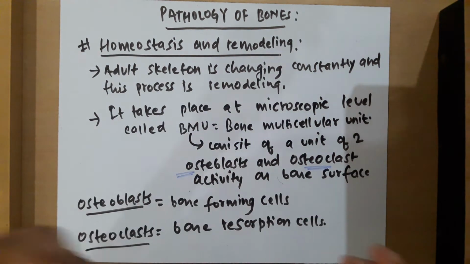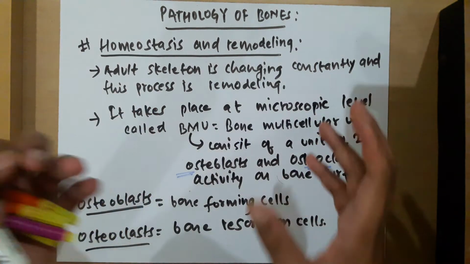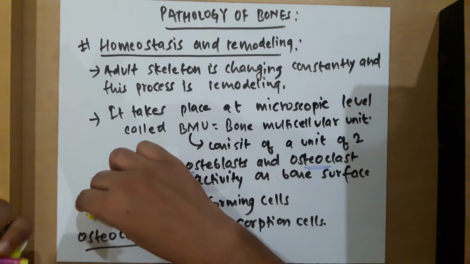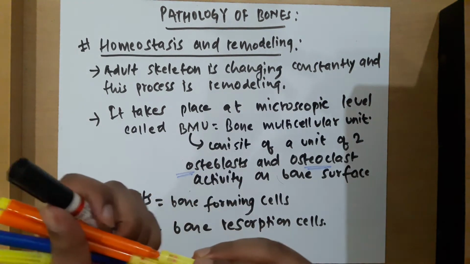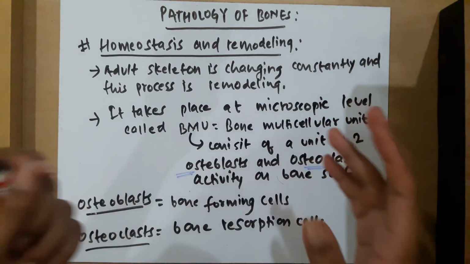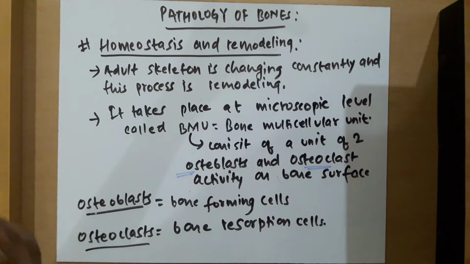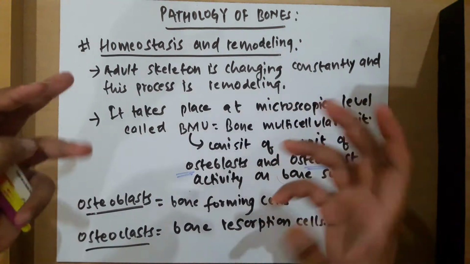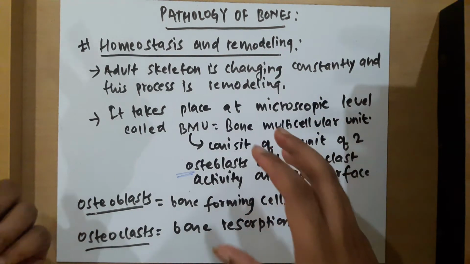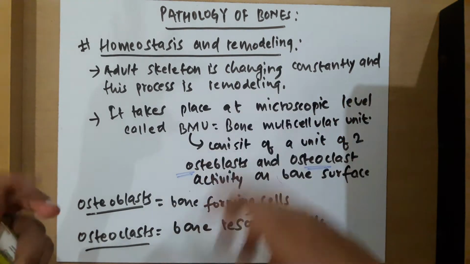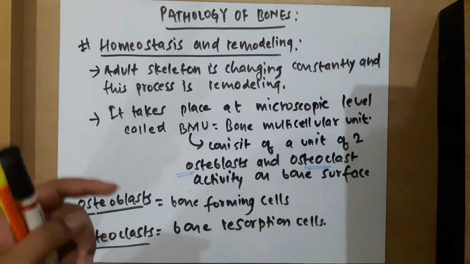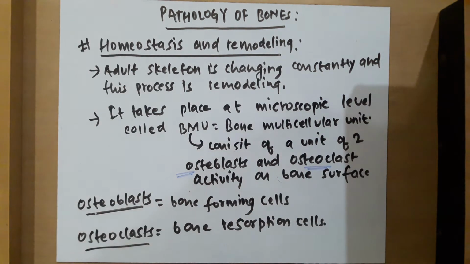Due to these osteoclastic and osteoblastic activities, the adult skeleton is constantly turning over. That's why remodeling is also called the result of osteoclastic and osteoblastic activity, okay.